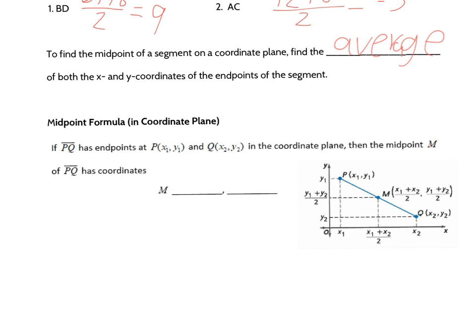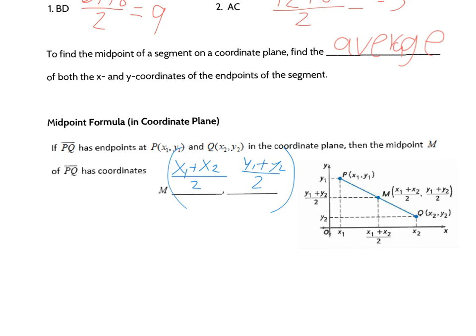Our midpoint value is going to be x1 plus x2 over 2, comma, y1 plus y2 over 2. First, since this is a point, we need to have our parentheses indicating that it is in fact a point.